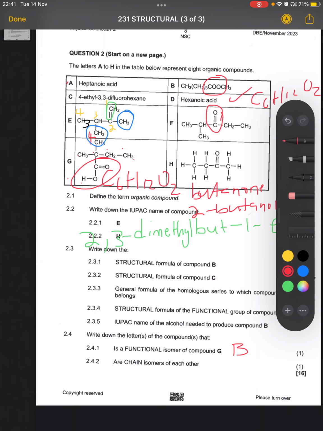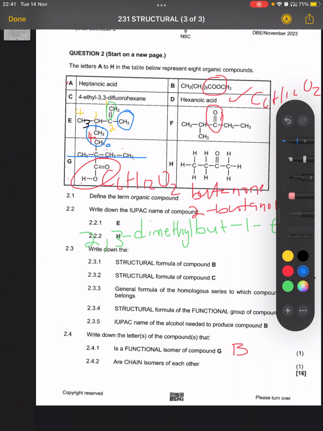But this one is not a long chain. So it's a branched. Where is it branched? It's branched here. This would be the long chain, and therefore it's branched here.